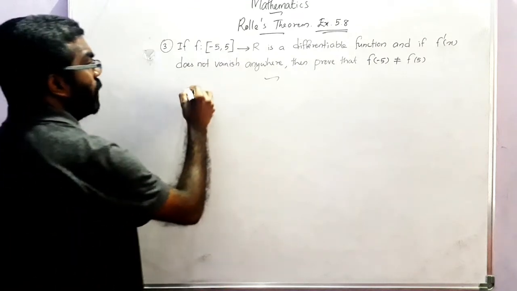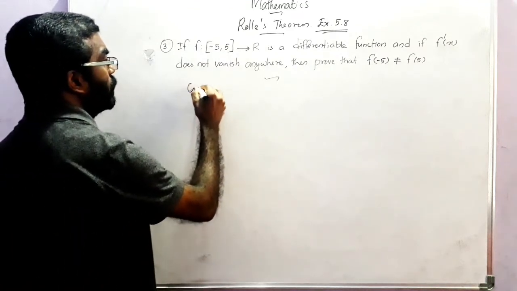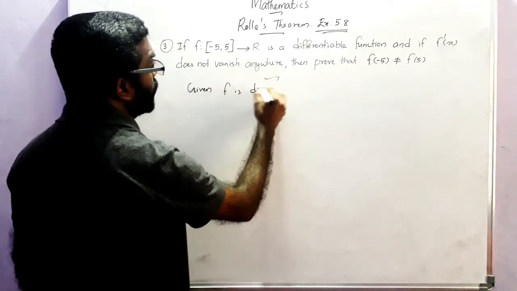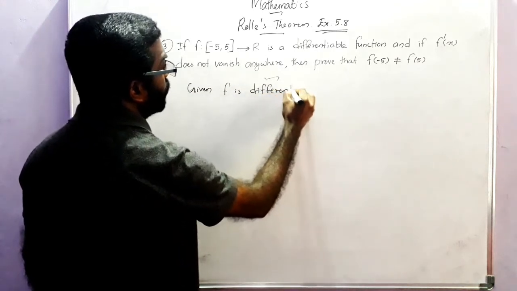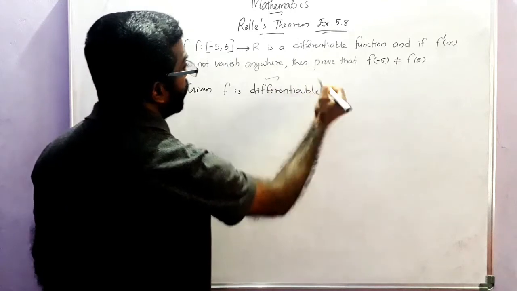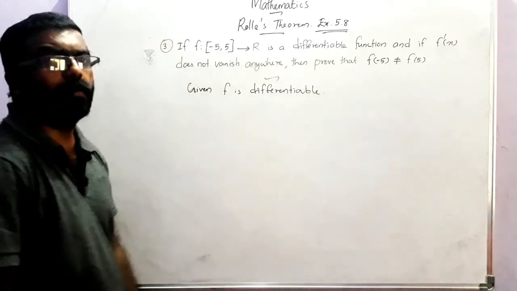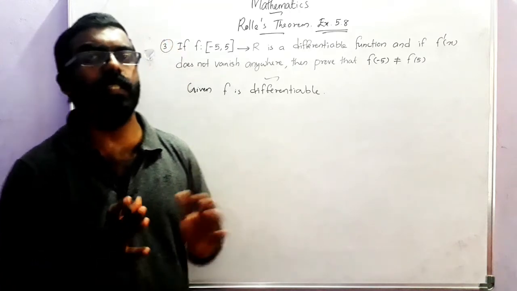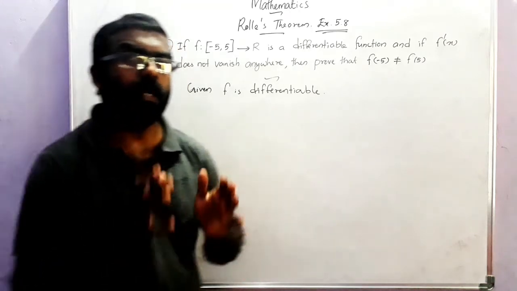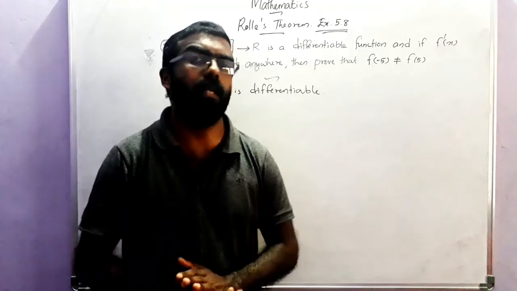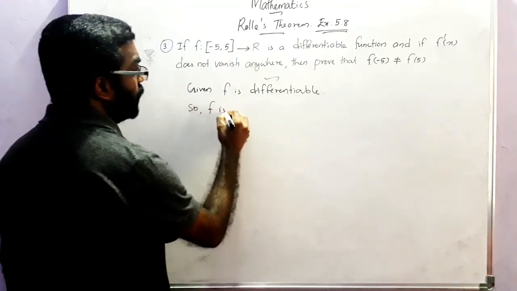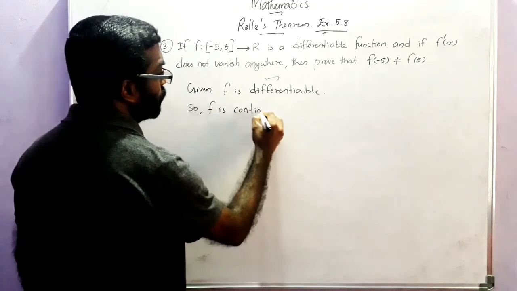So here it is given f is differentiable. f is differentiable means f must be continuous. All differentiable functions are continuous, but all continuous functions may not be differentiable. Okay, so we can write f is continuous.